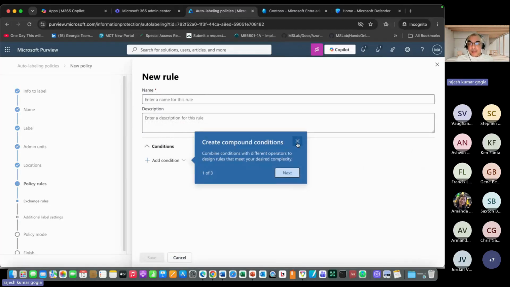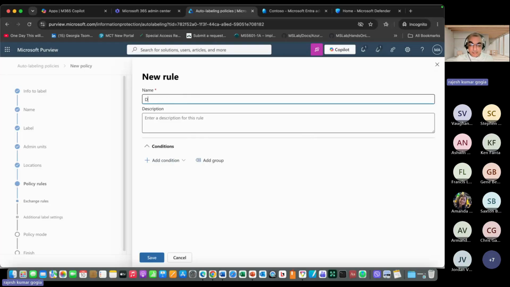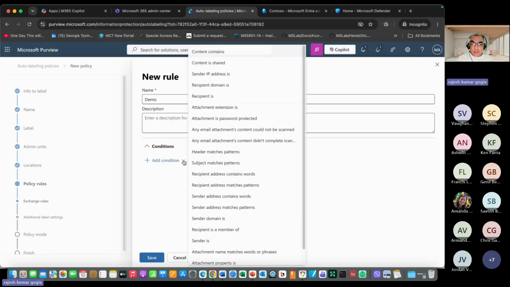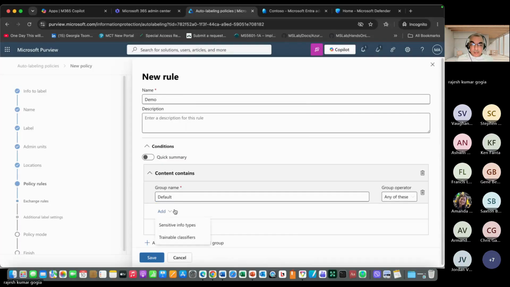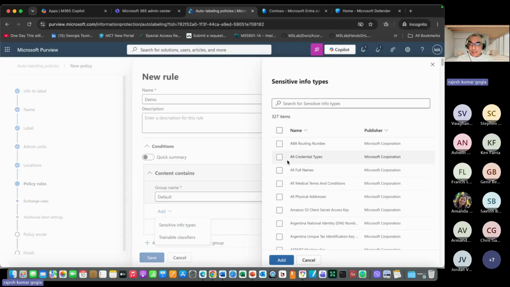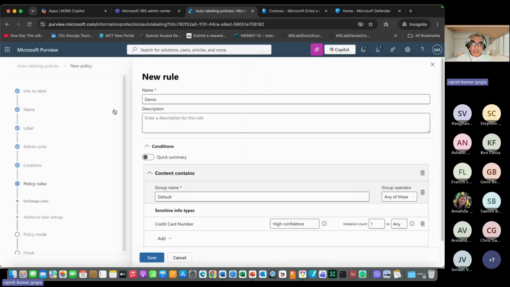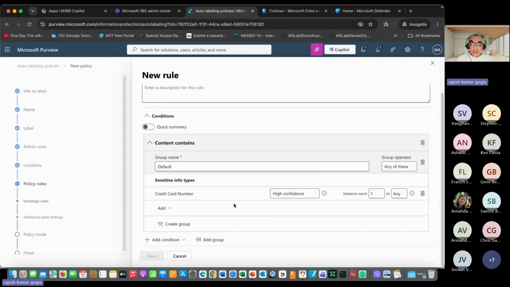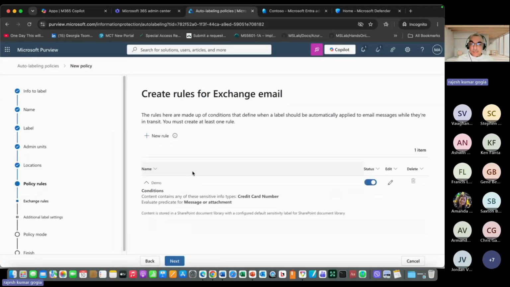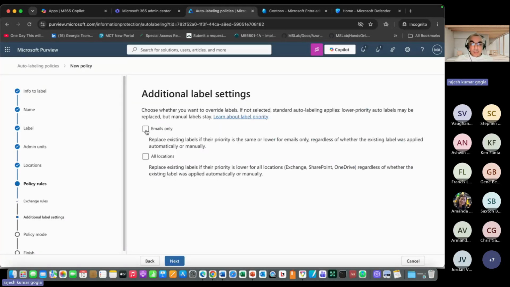Then, okay, how it can identify, and you can specify the conditions. Say, for example, that data contains some sensitive info, let's say the credit card details, and they are stored in my Exchange as attachments or you're sending them. So what are you defining? You're defining that condition. So if the condition is met, it is going to apply the rules, on emails only.